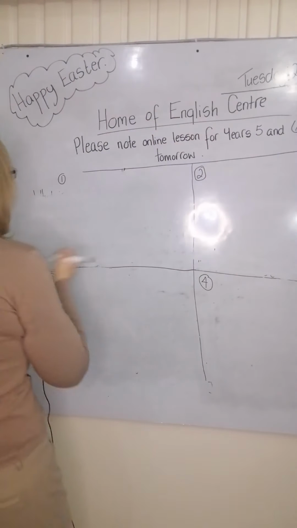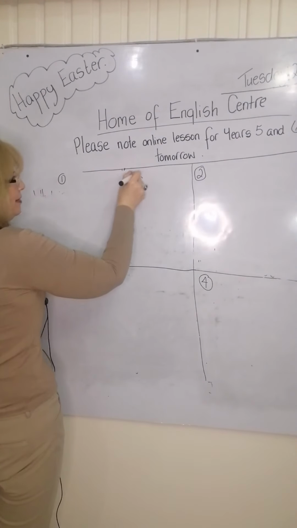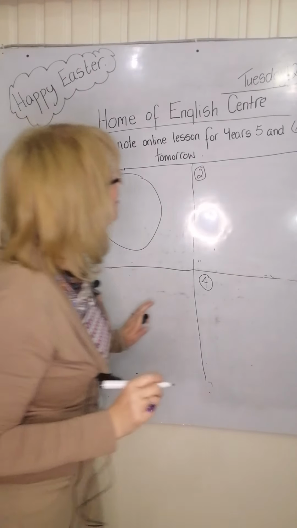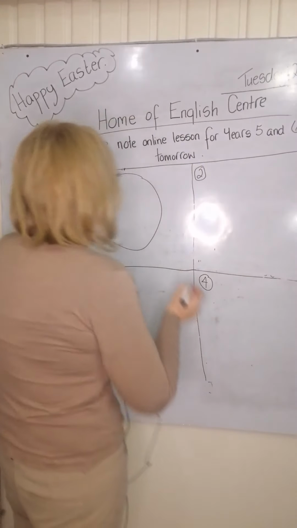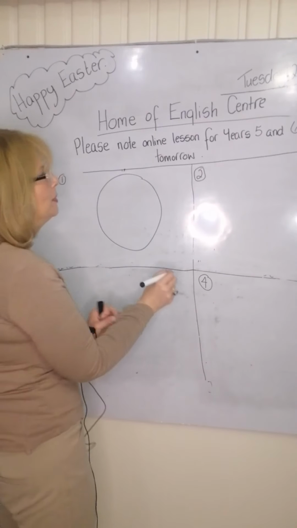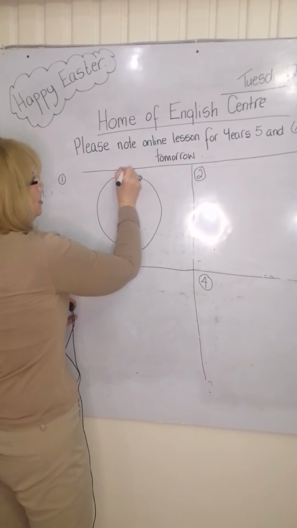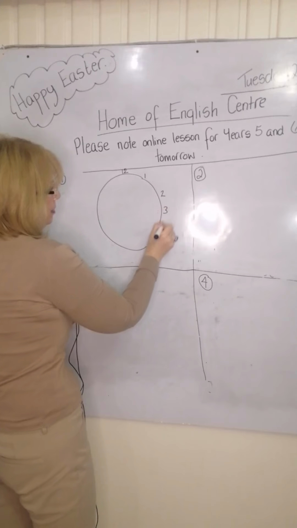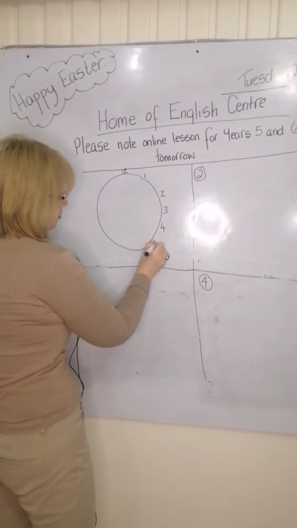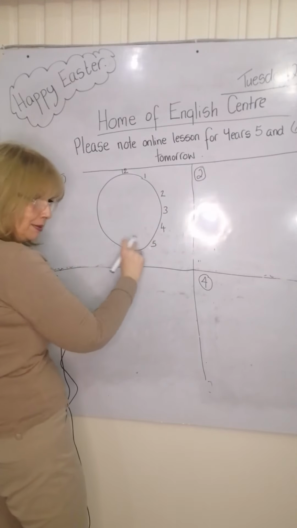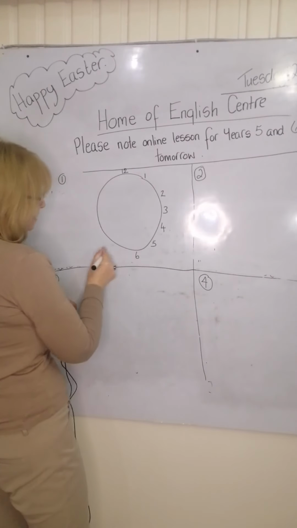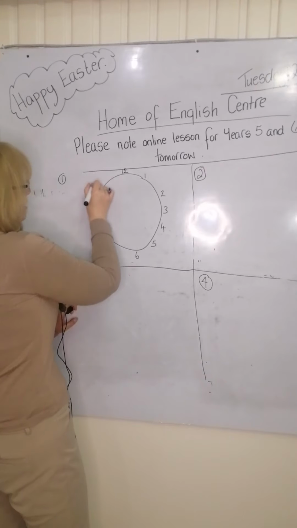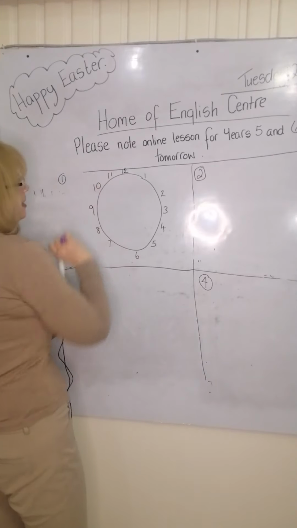So, let's put our clock in. Here it is. Okay. So, let me actually put the numbers for you. 12, 1, 2, 3, 4, 5, and at the bottom, 6, 7, 8, 9, 10, and 11.